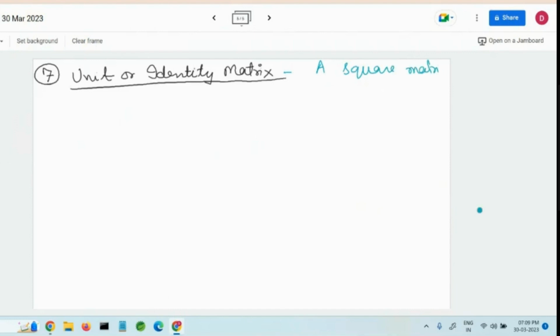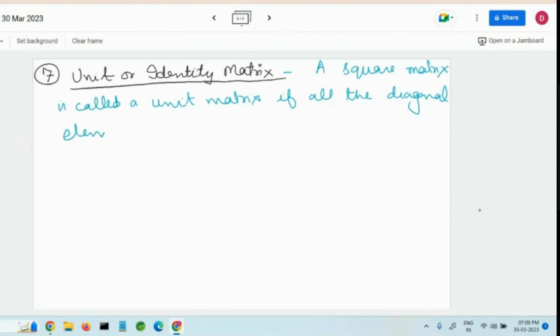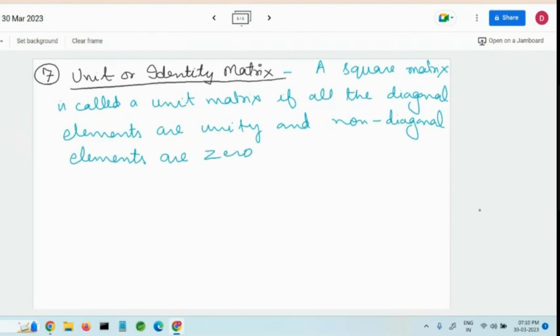A square matrix is called a unit matrix if all the diagonal elements are unity and the non-diagonal elements are 0.